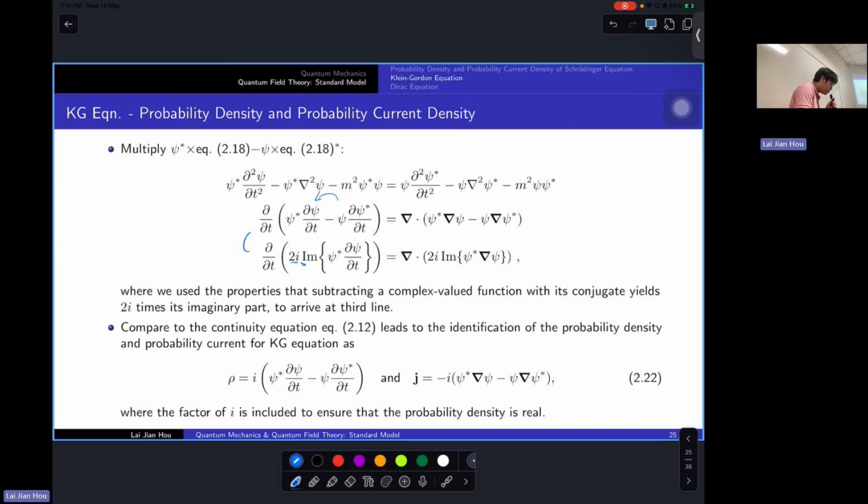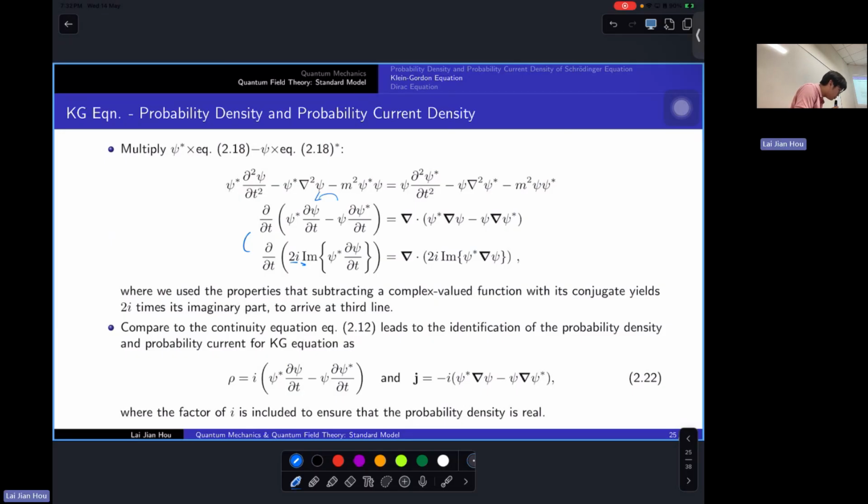And in the third line, when we express it in this form, we can arrive at the continuity equation. This guarantees that the probability of the quantum equation is conserved because it satisfies the continuity equation.